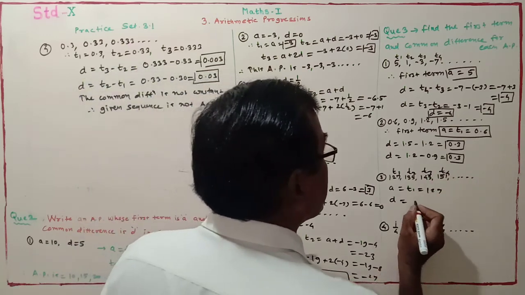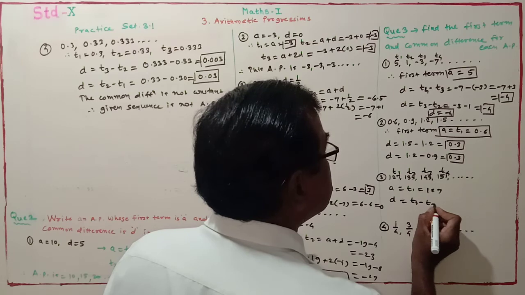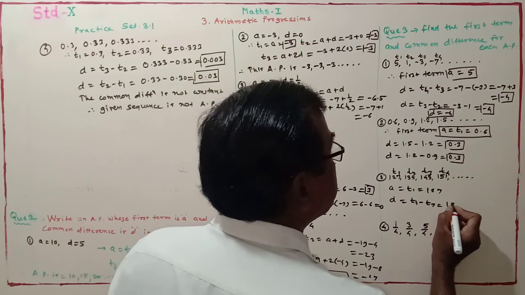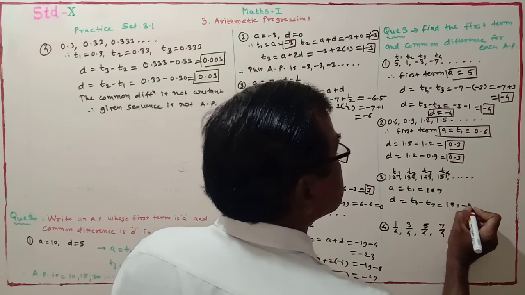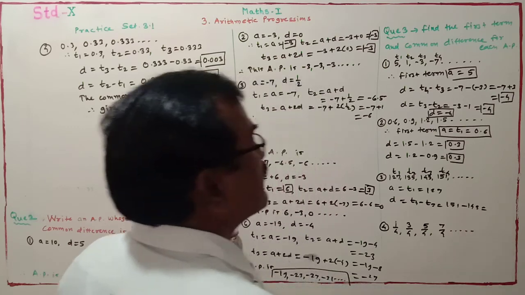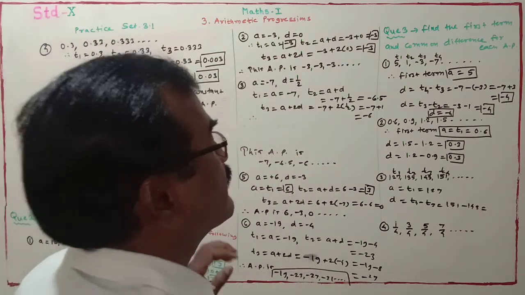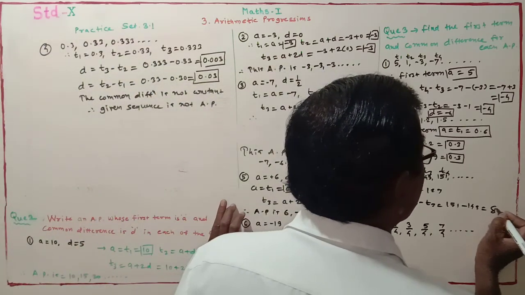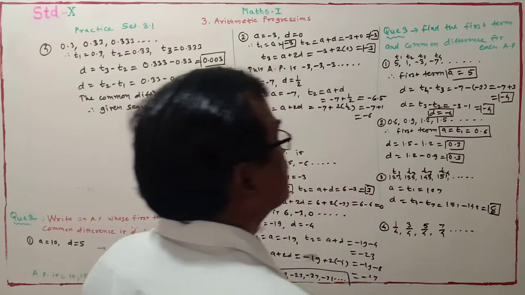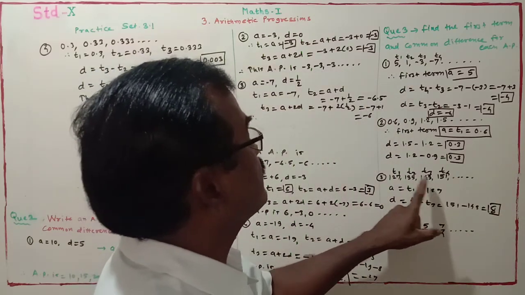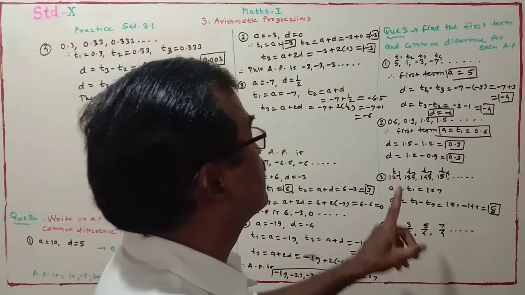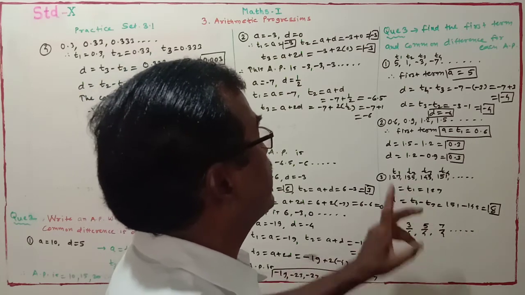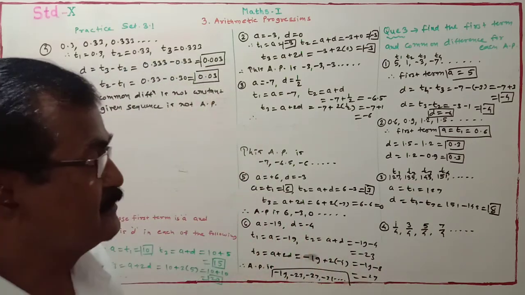D is T4 minus T3 is 151 minus 143 is 8. Common difference is 8. Similarly, 143 minus 135 is 8. 135 minus 127 is also 8.